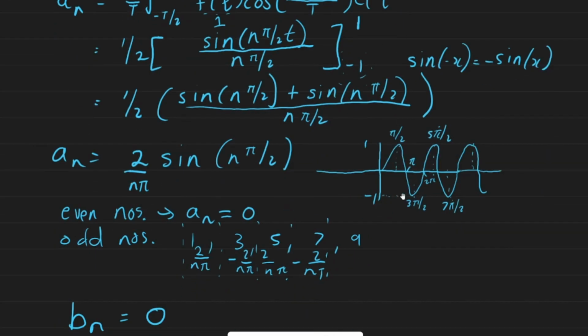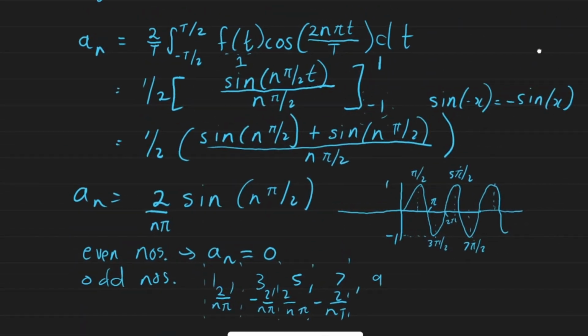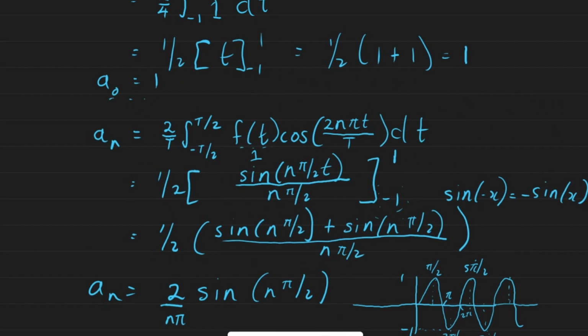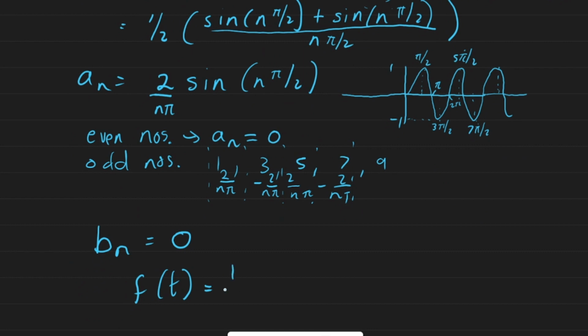We can just write our Fourier series now that we have all of this information. So we'll write f of t is equal to a naught. A naught was 1, so that's 1 over 2. And now we have our constant, so we can just bring it out. So that's 2 over pi. That's a constant. We can just bring it out, as we had done in the previous videos. And now we can write whatever is left.